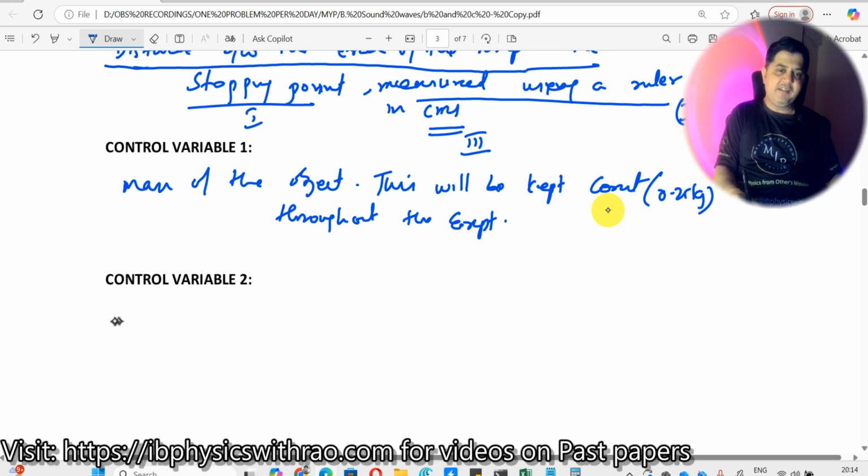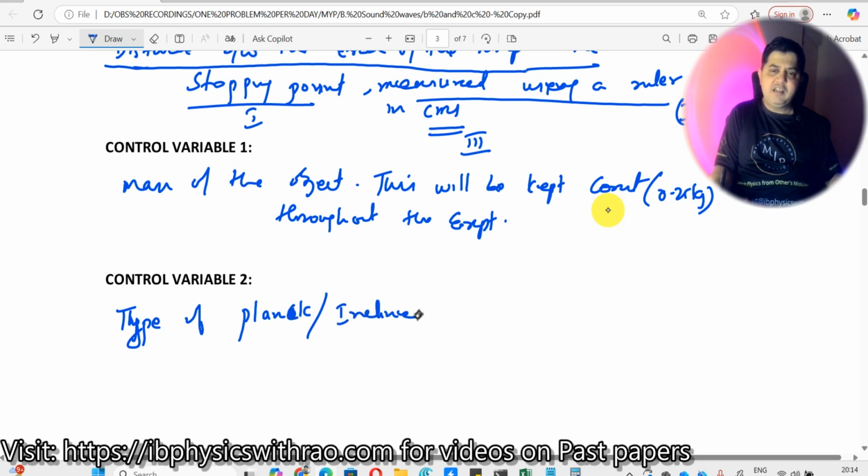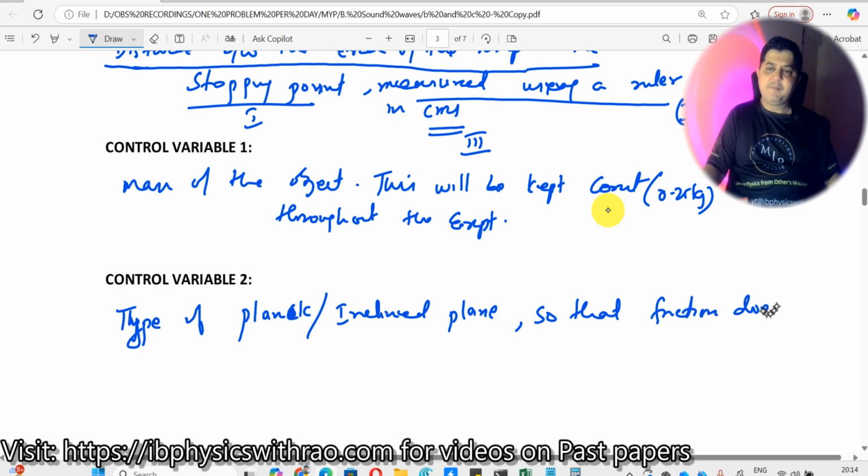Then second one is the type of plank, or I'm sorry, plank or the inclined plane, so that friction does not change. Friction does not change.